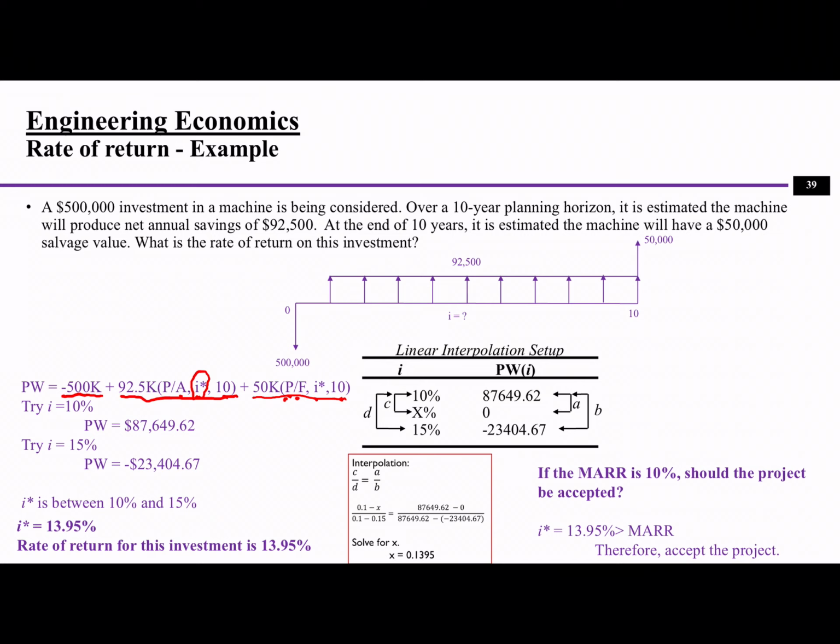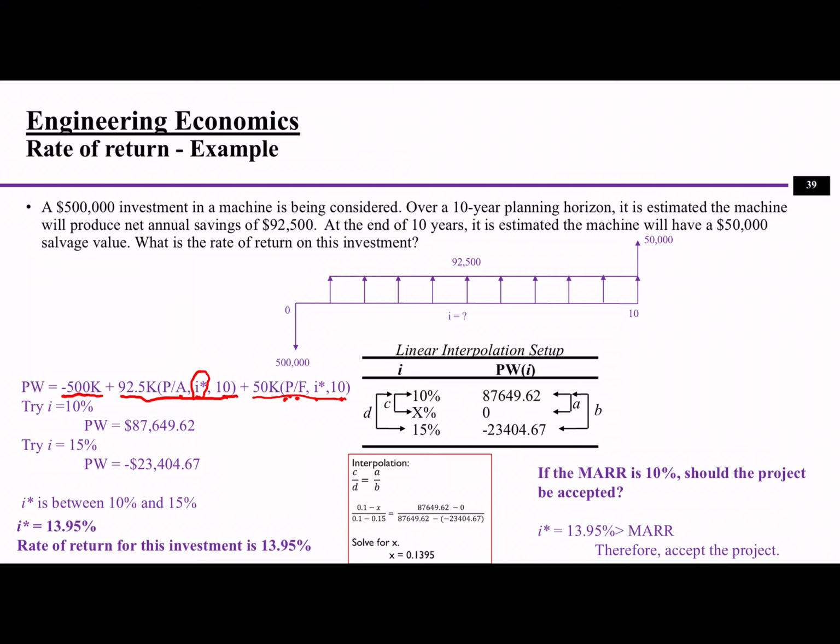because the calculation is a little bit complicated, of course you can use MATLAB or some other computer tools. But one way to give a rough estimation is you can try different interest rates and get a close enough number for this rate of return.